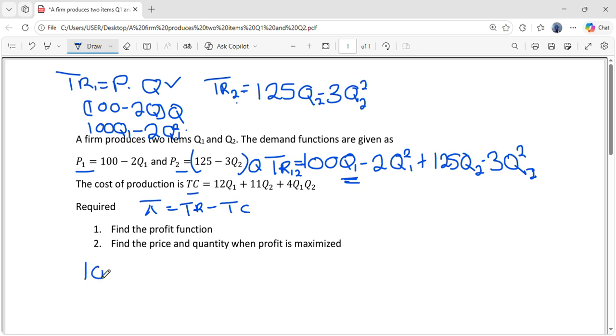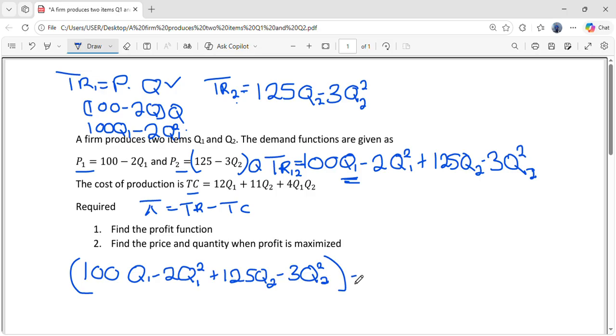So it will be 100Q1 minus 2Q1 squared plus 125Q2 minus 3Q2 squared. Then immediately we do this, we are now going to say minus the total cost function: 12Q1 plus 11Q2 plus 4Q1Q2.